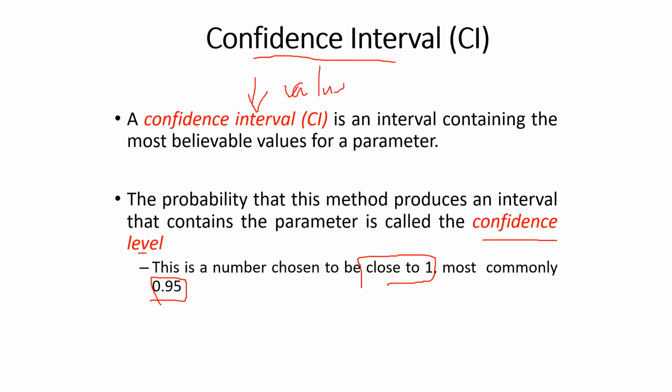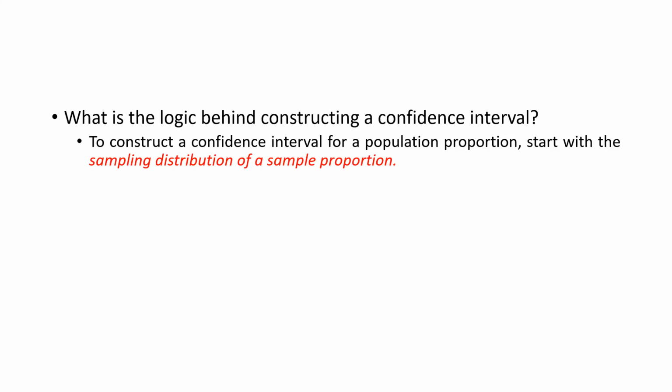If you read papers, I think most of them already mention this. Now, what is the logic behind constructing a confidence interval? To construct a confidence interval for the population proportion, we start with the sampling distribution of the sample proportion. We need the confidence interval because we collect data from a sample, but we want to say what it means for the population.